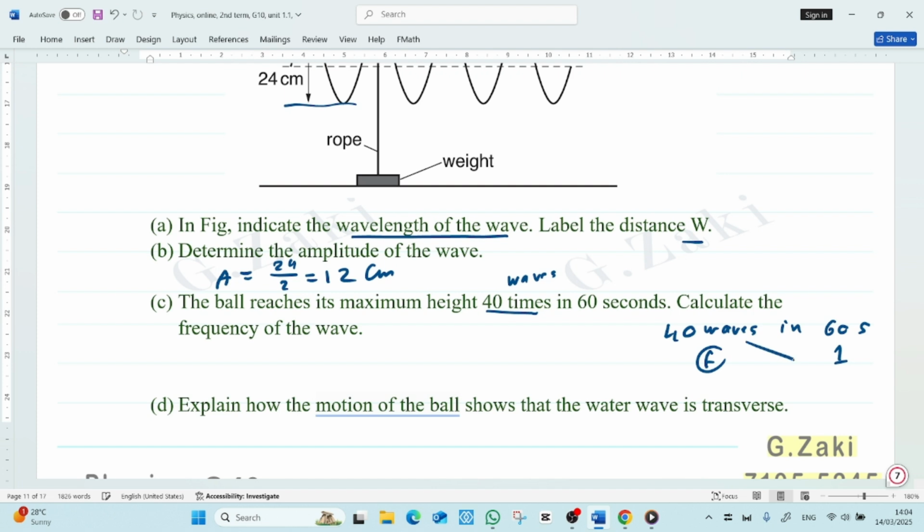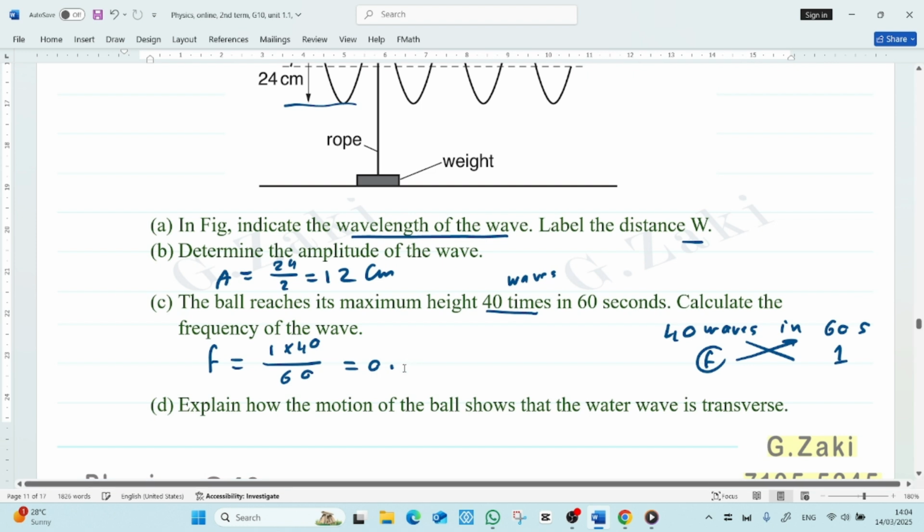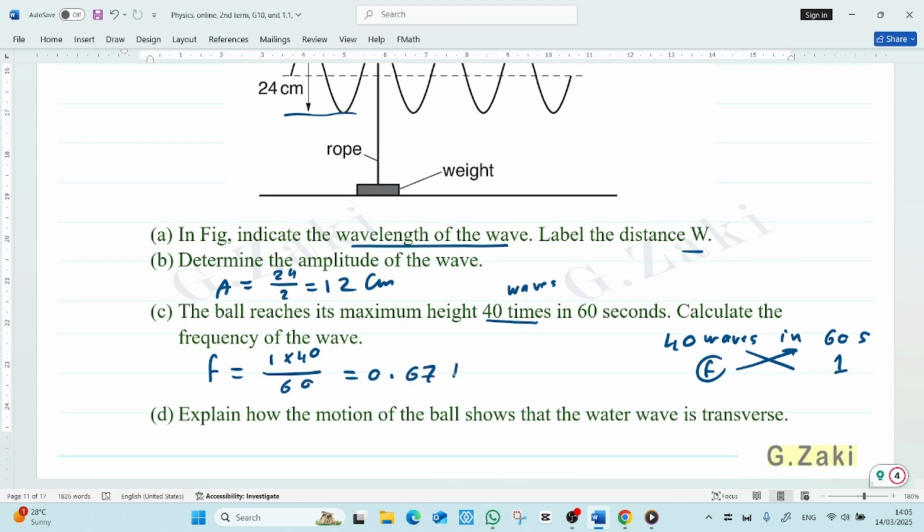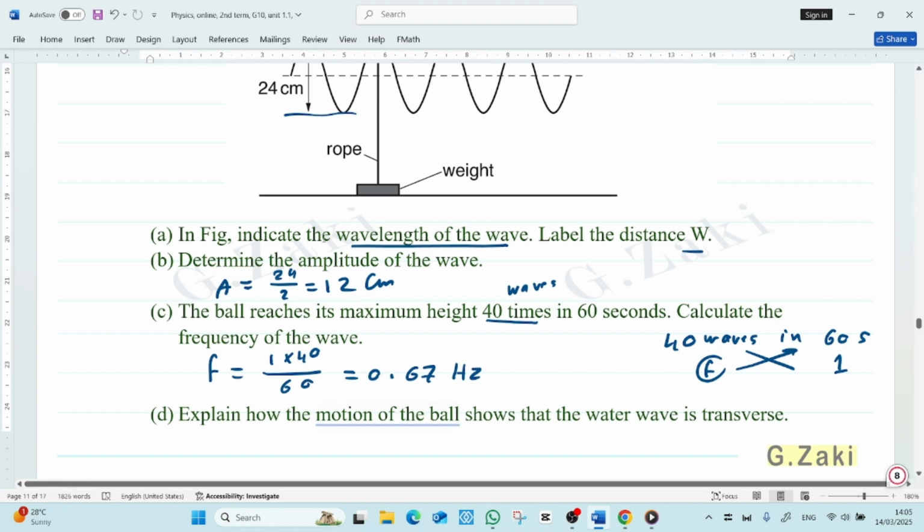This is the frequency. Then we can do cross multiplication. So the frequency, the number of waves in 1 second, is 1 multiplied by 40 over 60. So the frequency equals 0.67 hertz.